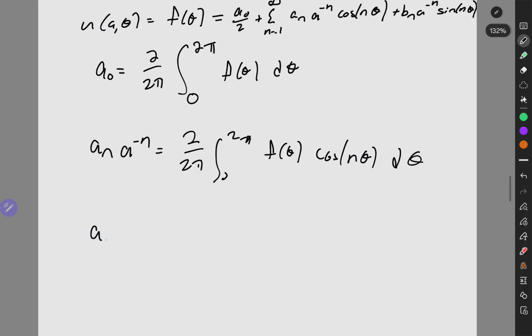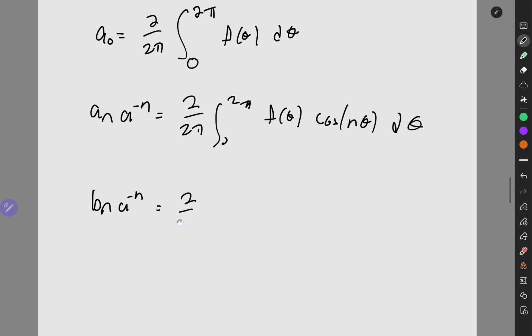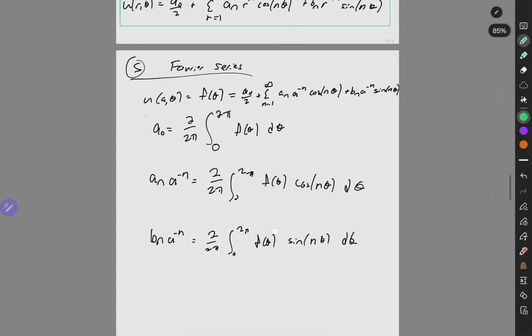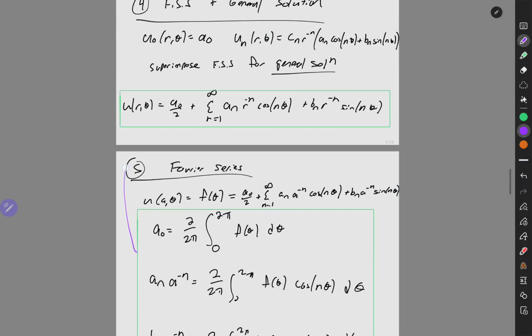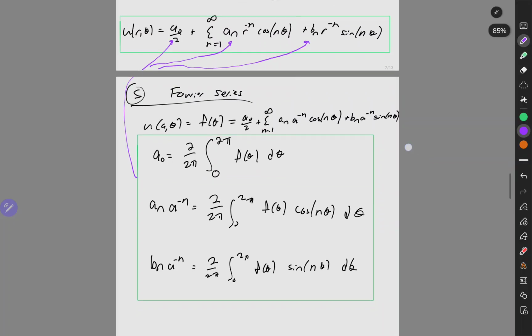And then we have b sub n times a to the negative n is equal to 2 over 2 pi integral 0 to 2 pi f theta sine n theta d theta. And these are our coefficients, which get plugged right into our general solution up here. So that's the answer right there.